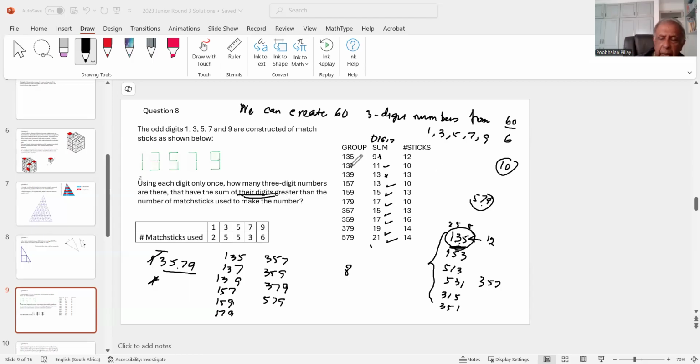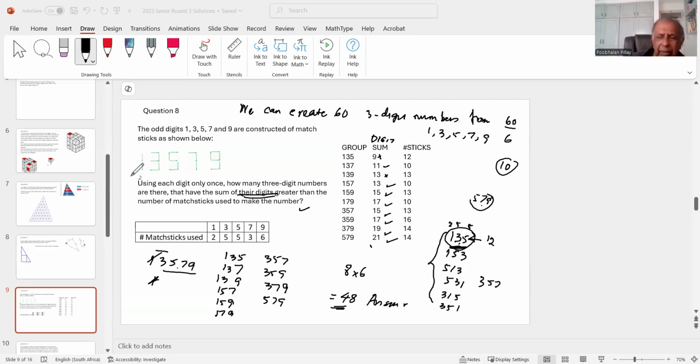So 135 didn't work, but 137 will have 6 numbers, and every one of these groups has 6 numbers. So you've got 8 times 6 is 48. So there are 48 numbers which satisfy this condition, and 12 of them don't. Those two groups each have 6, where the digit sum is smaller than the number of sticks used. So the answer is 48.